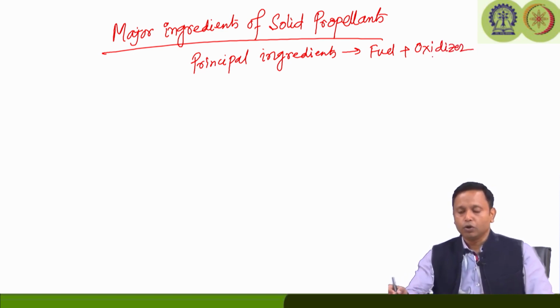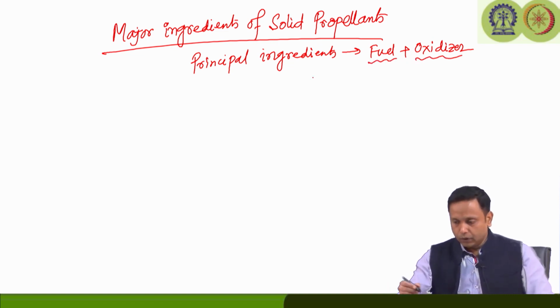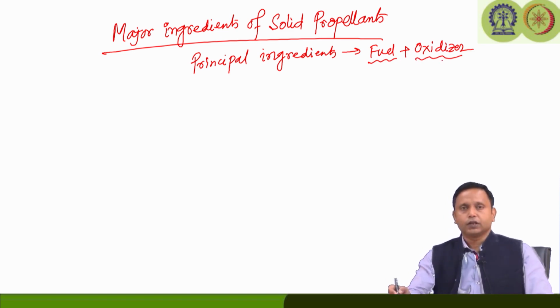Without fuel it will not work, without oxidizer it is not going to work. Fuel and oxidizer are the principal ingredients. In addition to fuel and oxidizers, there will be certain other ingredients which have different kinds of roles; they may increase the burn rate, so there may be burn rate modifiers.